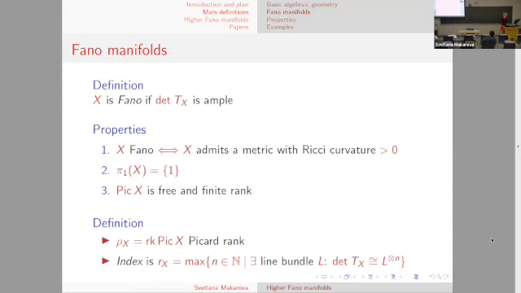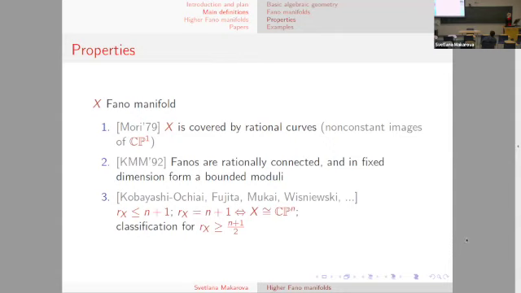And there are some more nice properties of Fano manifolds, which signify how important they are and why people pay so much attention to them in algebraic geometry.